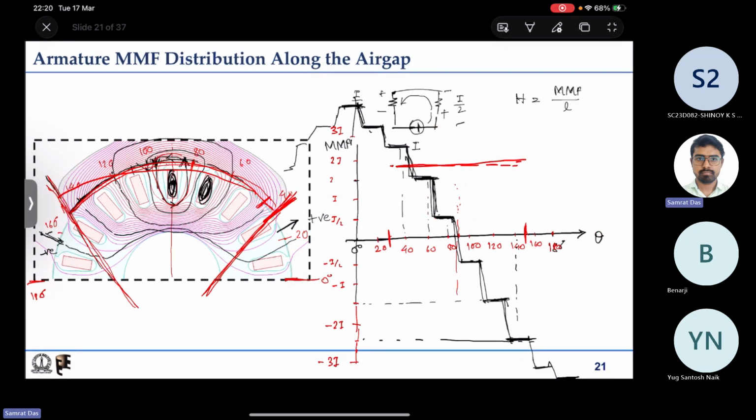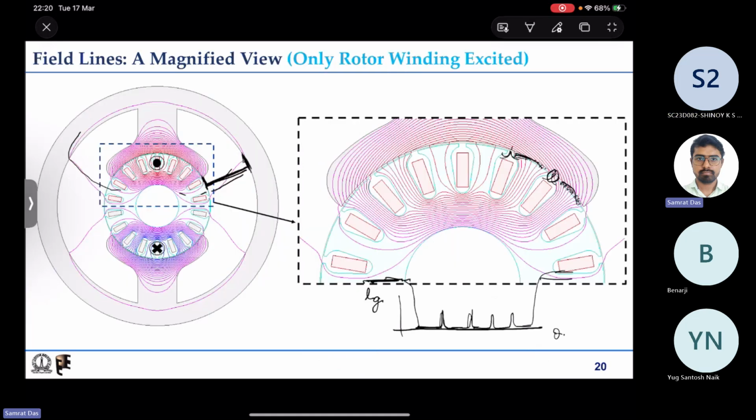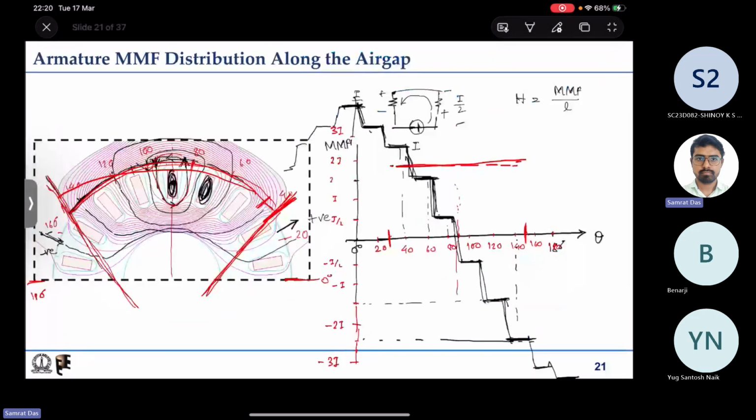That is the assumption here. So the current will be always positive in that sense, sir? Yes, because we are only looking at the upper 180 degrees, so all the currents are dot. If we look at the slots in the bottom 180-degree portion, it will be cross, that is negative. So here I have only plotted for one half.